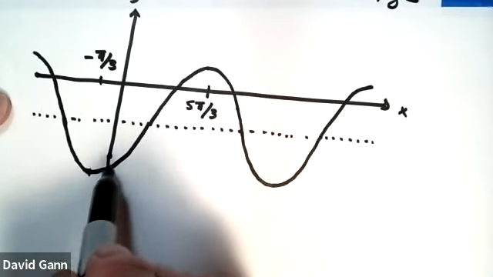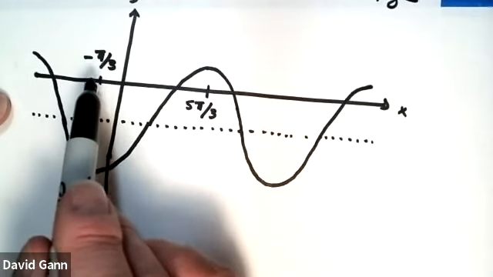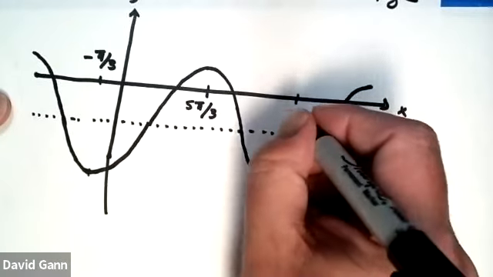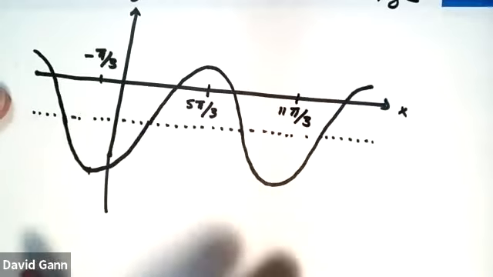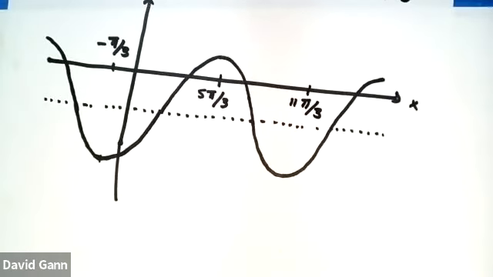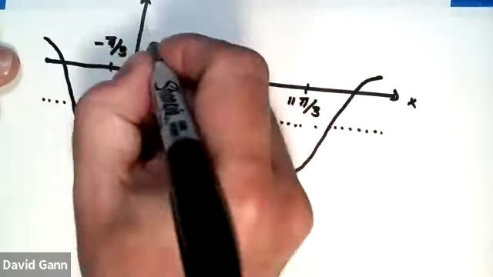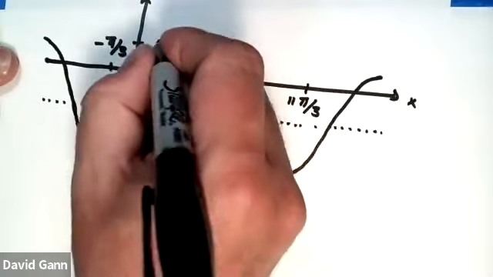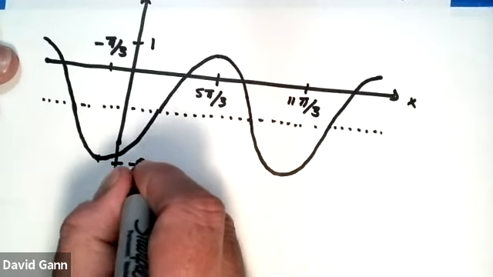Because we go from a high to a low. If we repeat the process, it looks like 6 pi over 3, so this point would be 11 pi over 3. I think that's enough to determine the equation of either sine or cosine. And then I'll put some labels here. Let's make this 1, and this one down here, -7.